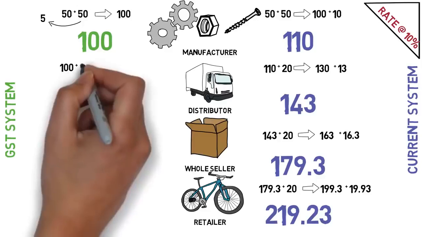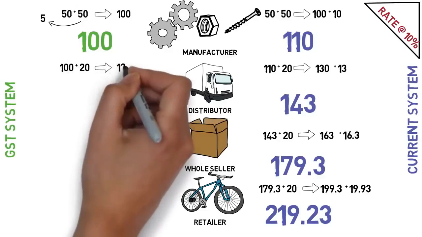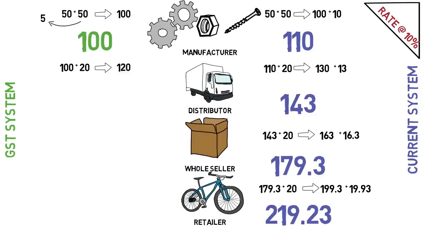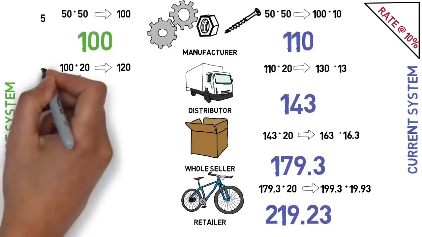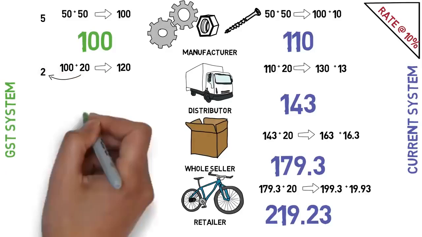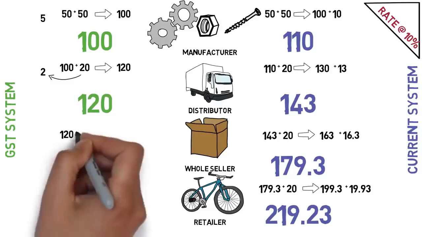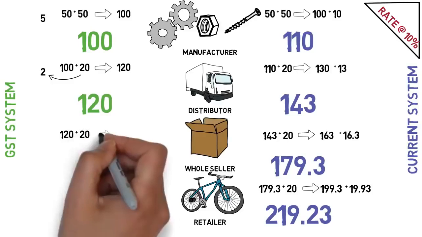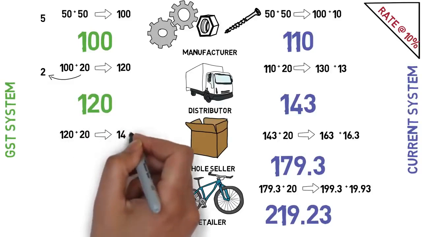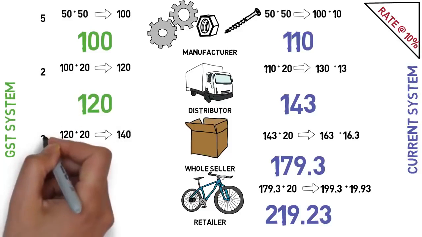Then the distributor adds 20 rupees profit and the product becomes 100 plus 20, which is 120 rupees. He pays the tax of 2 rupees on his profit of 20 rupees. The wholesaler buys the product for 120 rupees and follows the same pattern, adding 20 rupees as his profit, and the price will become 140, and pays the tax of 2 rupees on his profit of 20 rupees.